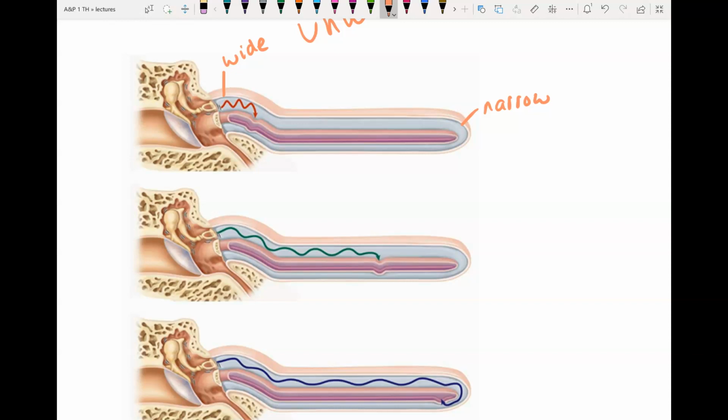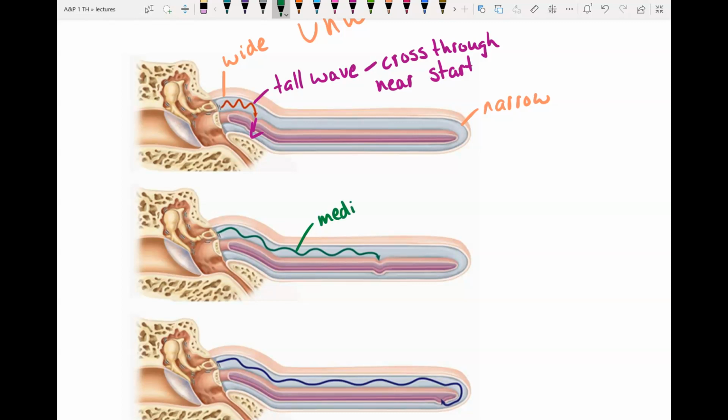So tall sound waves, this red one here is a tall wave. It can't get very far. It has to cross through close to the beginning. Here we have this green one, which is kind of a medium wave.